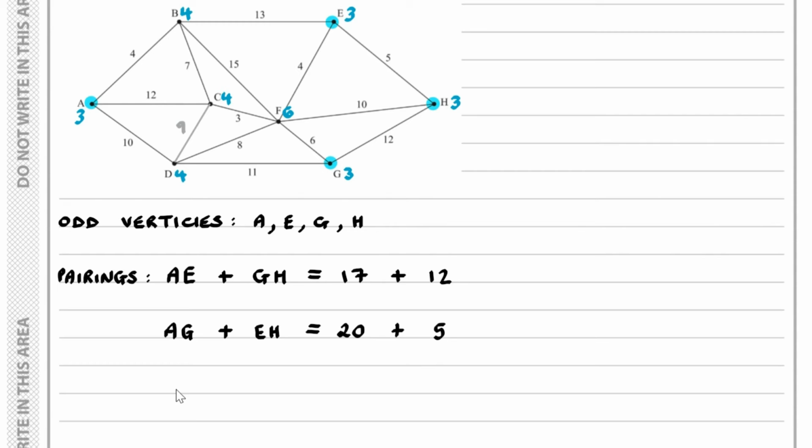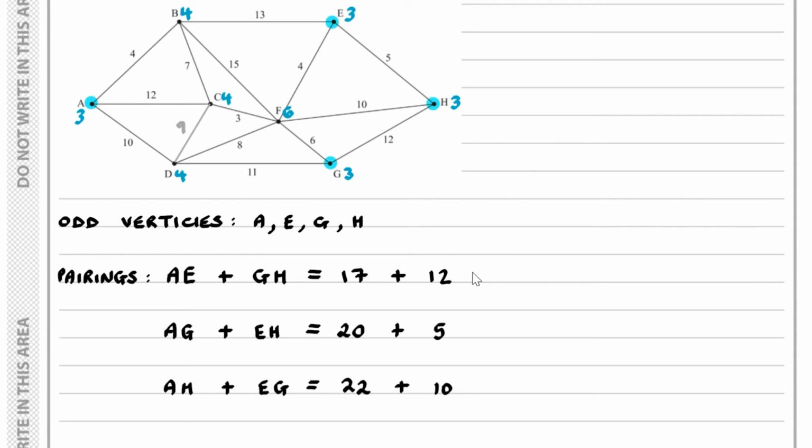And we could also have AH added to EG. I'm working this out. A to H we found to be 22. And E to G, well, the quickest route is to go from E to F to G, so that's 4 plus 6, which is 10.